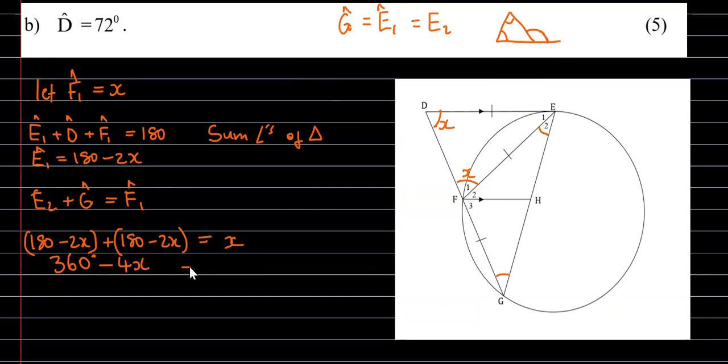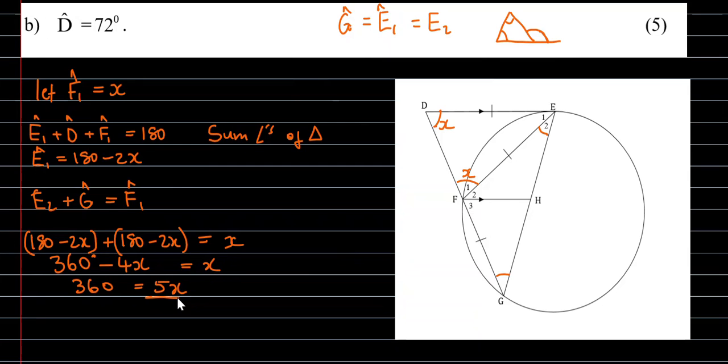Then on this side you have x, so you can take this and put it to the other side. You're just going to be left with 360 on this side, then on that side you will have minus 4x plus x, so here we have 5x, right?